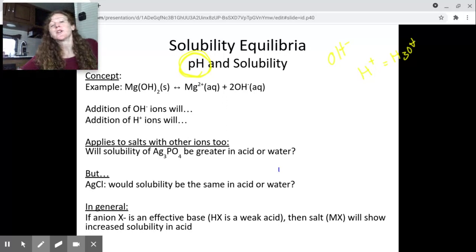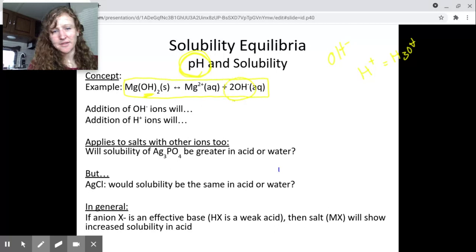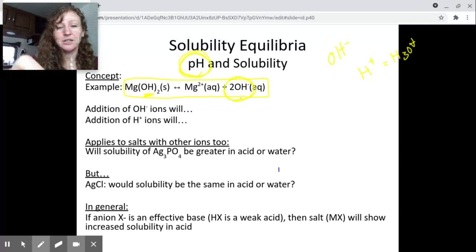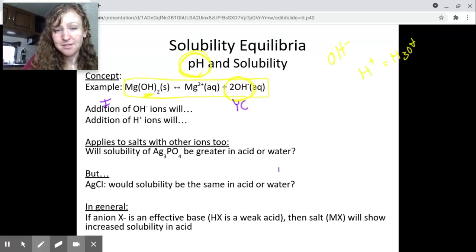So, for example, if we have magnesium hydroxide dissolving, notice that the ion here is a base. So if we put this in basic solution, I would have an initial concentration of my base present.